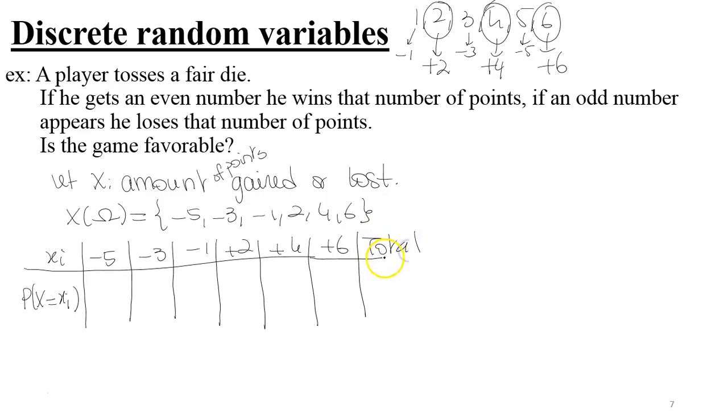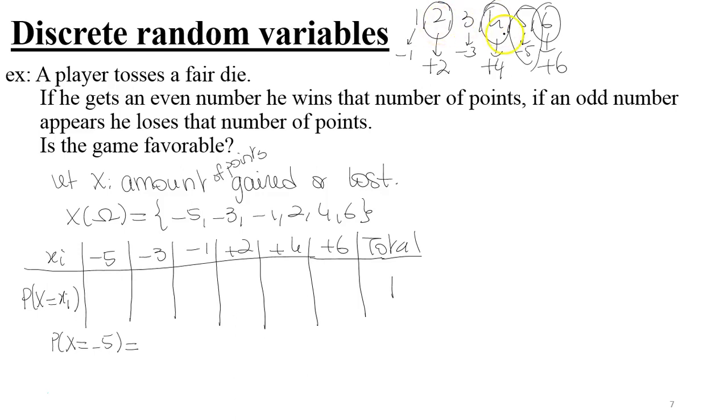And we have, of course, the total that we know should end up being equal to 1. So over here, what is the probability of each? The probability of x equals -5 is in fact the probability of rolling a 5. We know that rolling each of these outcomes in a fair die, they are equiprobable.